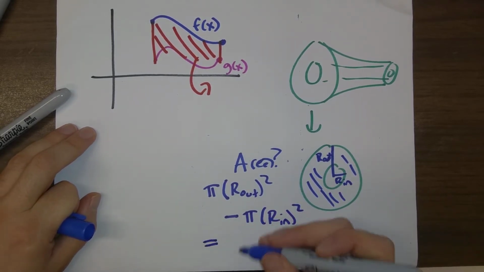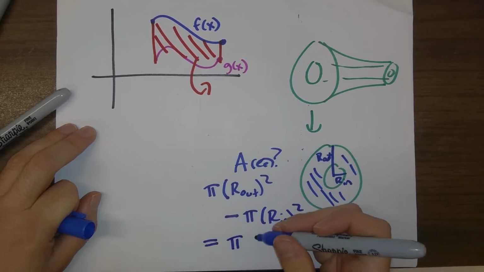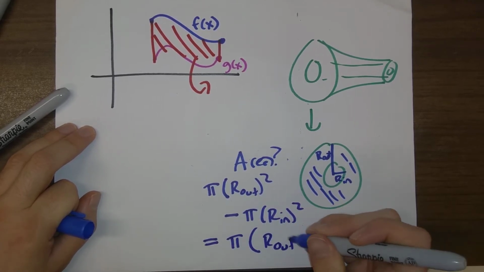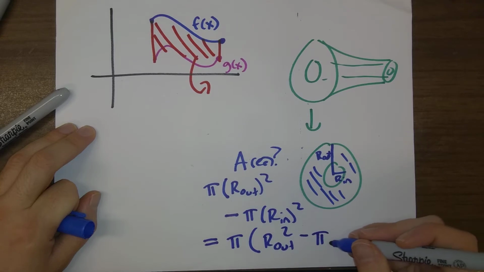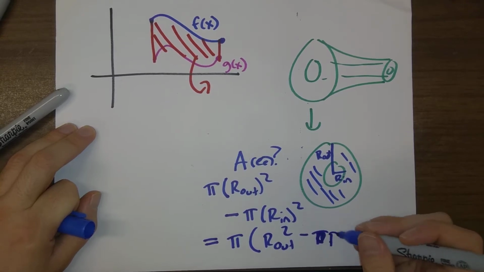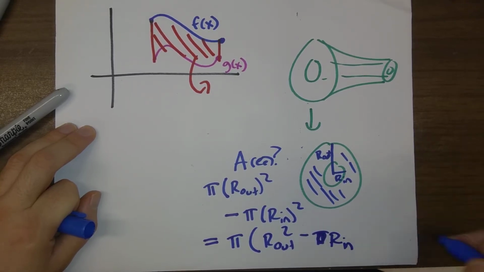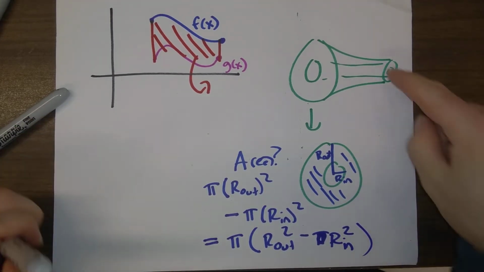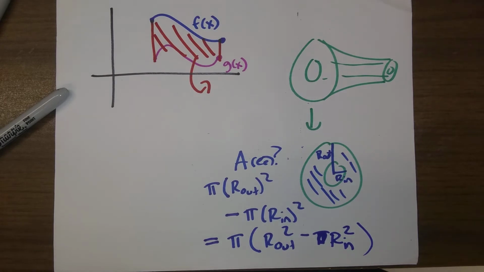So the area here is pi times the outer radius squared minus the inner radius squared, since I already factored out the pi. This is the area of one of the cross-sections.